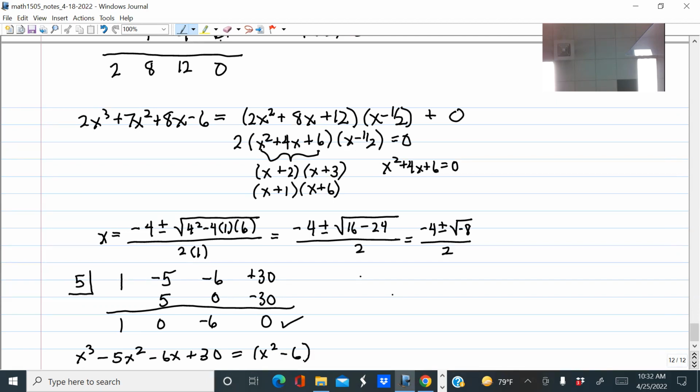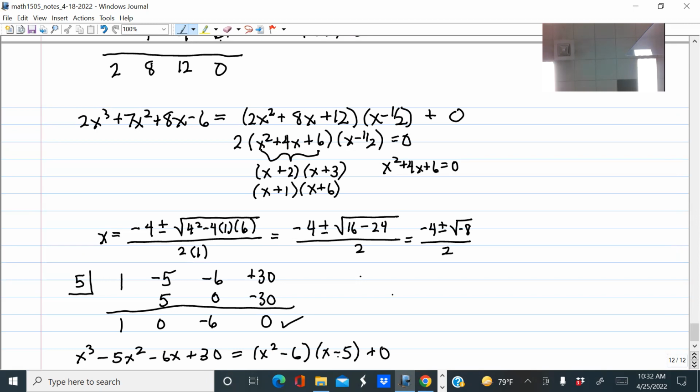So if you factor the original cubic polynomial, you get x squared minus 6 times x minus 5, and then you have a remainder of 0. You can just forget about the remainder of 0. So this does factor this way.